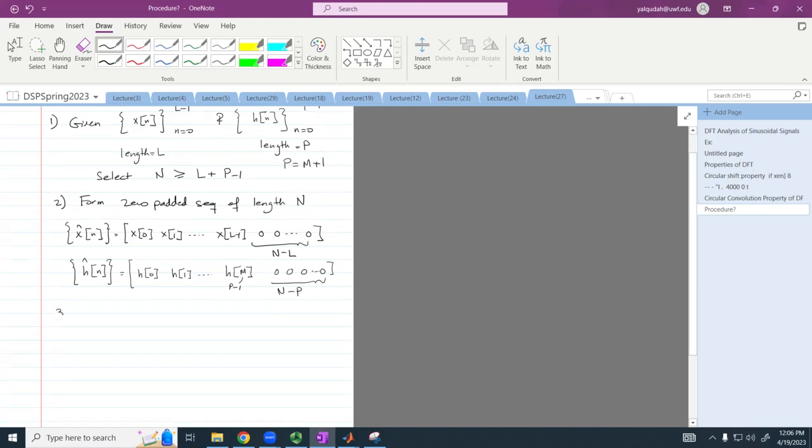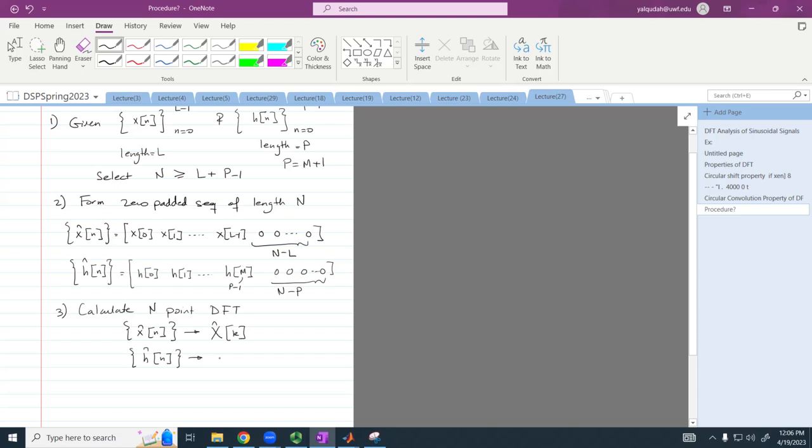Okay. The third step, I'm going to calculate the n-point DFT of x hat of n. This is going to give me x hat of k. I'm going to calculate the discrete Fourier transform of h hat of n.